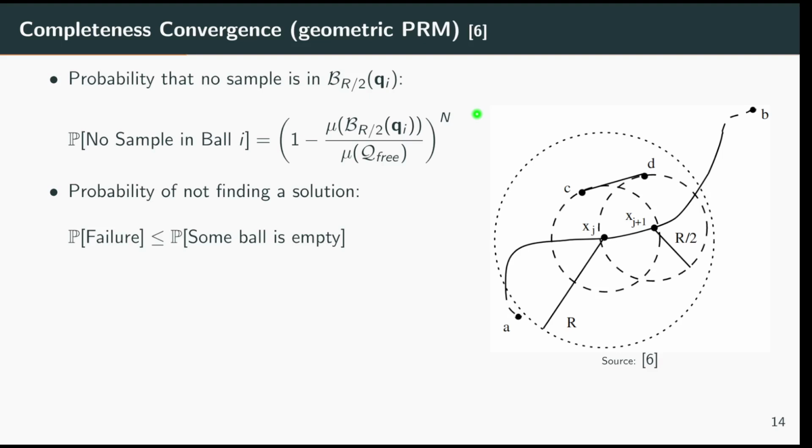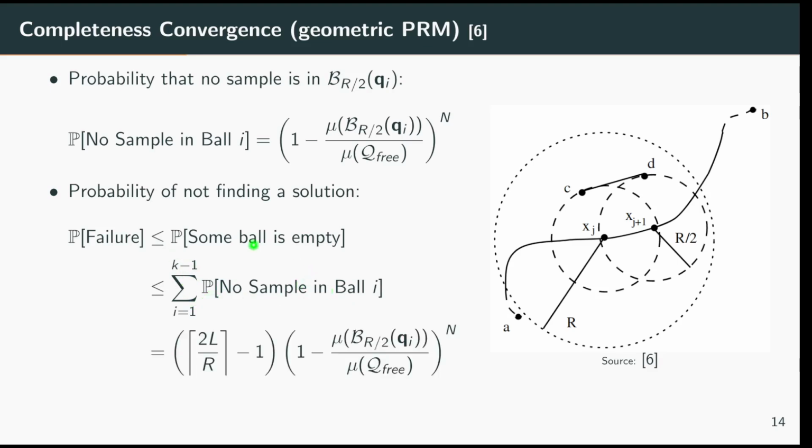And then the probability of not finding a solution is bounded by the probability that at least one of the balls is empty, because that would be a problem: for one of the parts of the solution path, we didn't have a vertex. And that we can then compute. That would be just looking over the whole solution path and checking if no ball is there.